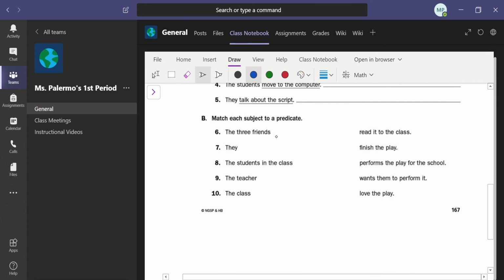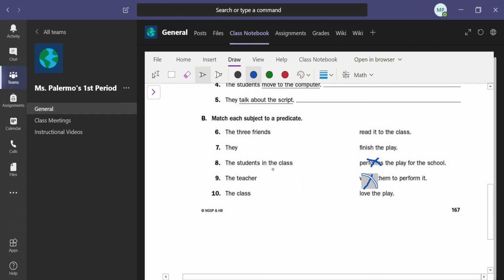So remember, if the subject is plural, you're not going to have an S at the end of the verb. If there's an S at the end of the subject or the noun, you don't need it at the end of the verb. So I know for sure the answer is not going to be this one, and I know for sure the answer is not going to be this one. So that leaves me with 1, 2, and 3.